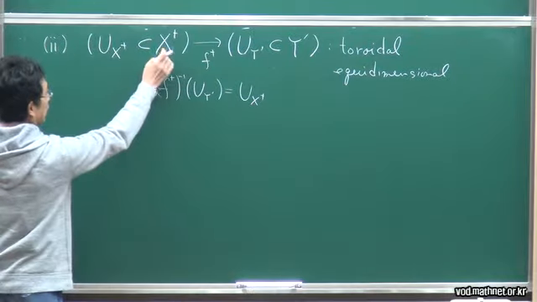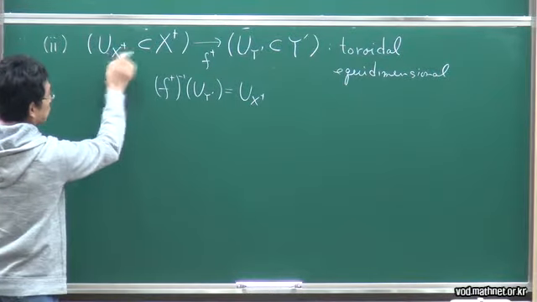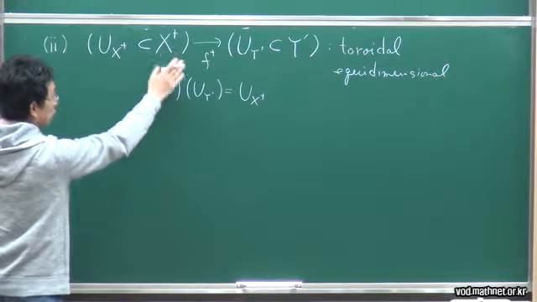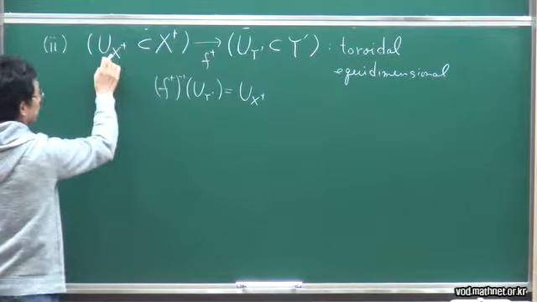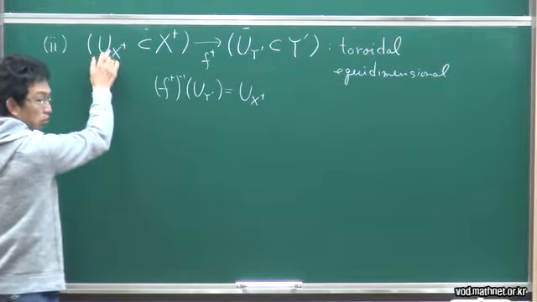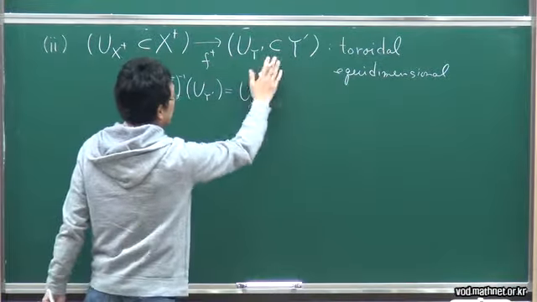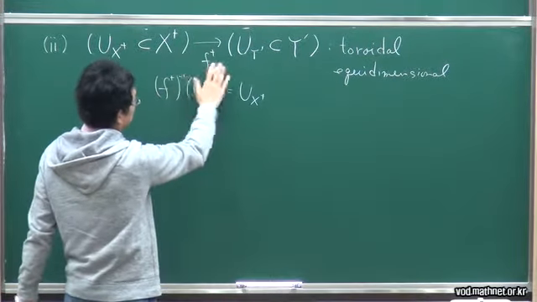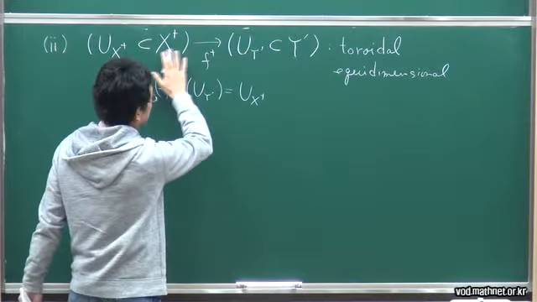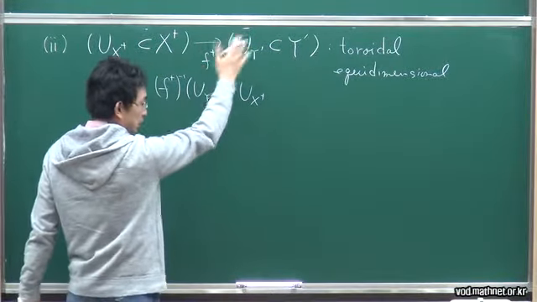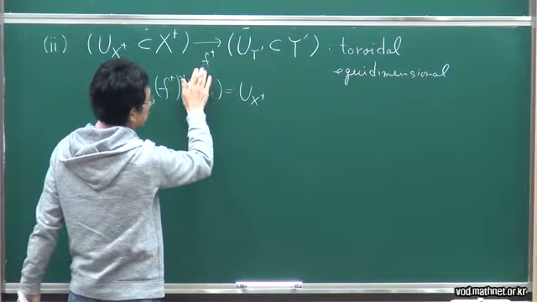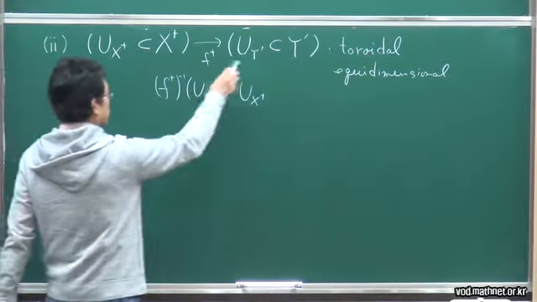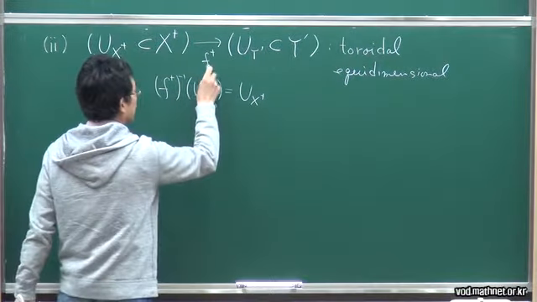This notation says this is a non-empty Zariski open set of this variety, and this means étale locally this is a toric variety, and similarly étale locally this is a toric variety, and f dagger is, up to étale isomorphism, a toric morphism. And the inverse of this open set is this one.